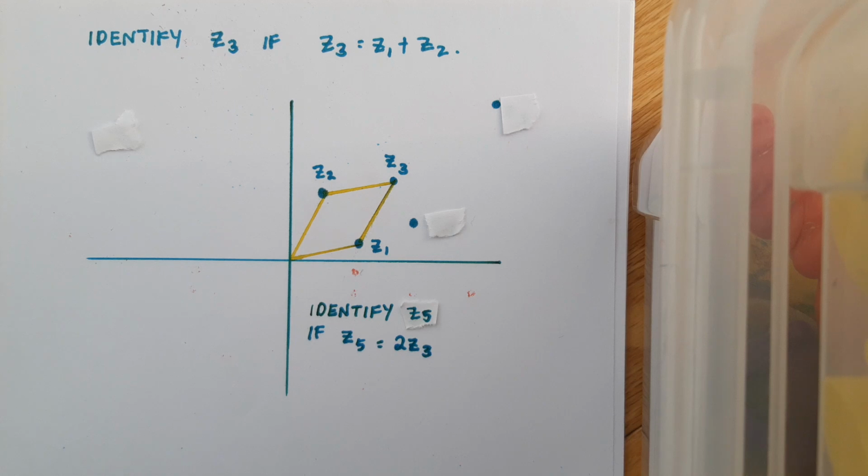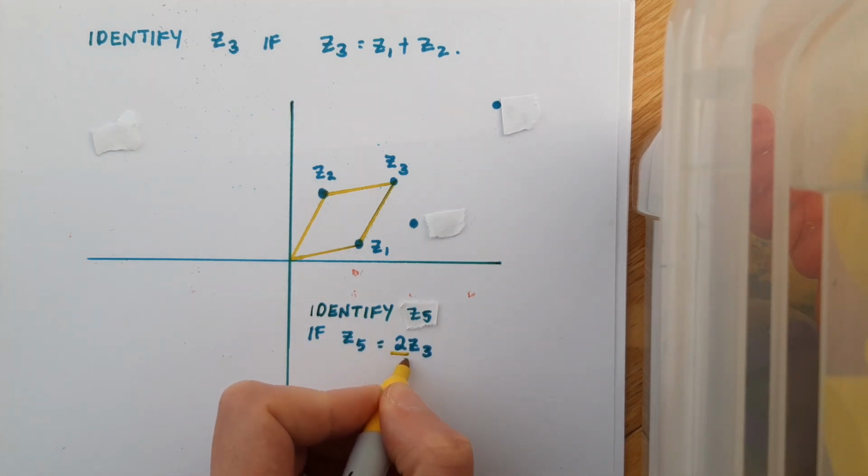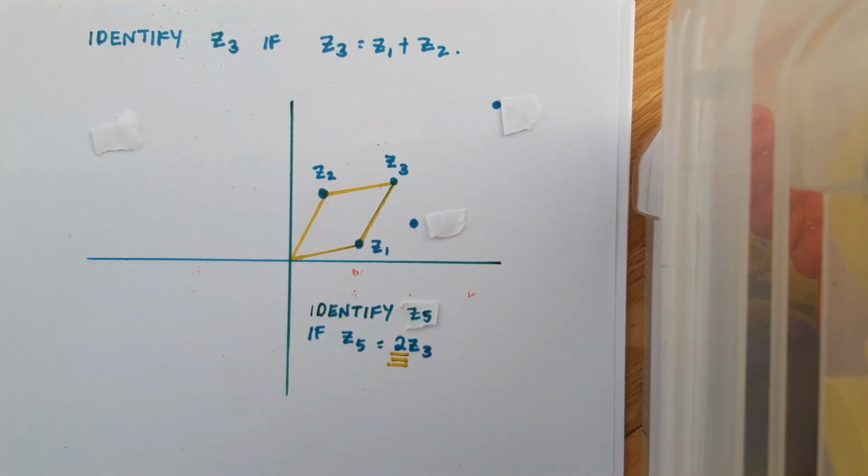Well, to identify this, I'm going to focus on the idea that z5 is created by multiplying z3 by a scalar. So really what that 2 is doing is affecting the modulus length of the complex number z3. So the first thing that I'm going to do is draw in the modulus of z3. So here's the modulus of z3. Now if z5 is twice z3, then z5 must have a modulus that is twice as long as the modulus of z3.